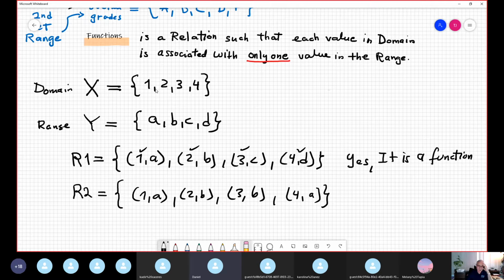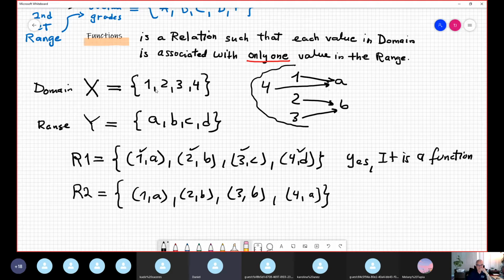Let me try. 1 is associated with a. Now this arrow indicates the direction. 2 is associated with b. 3 is associated with b. And 4, again, is associated with a. This is the situation using this arrow diagram of the function.